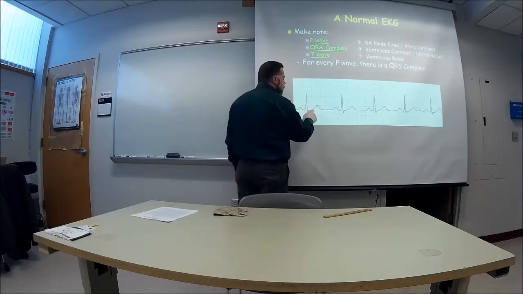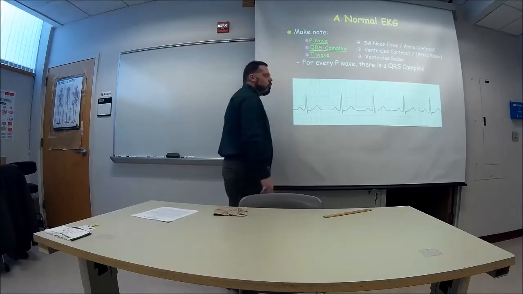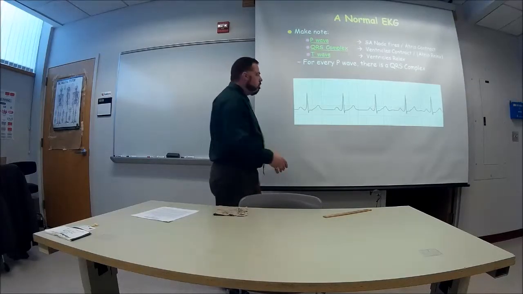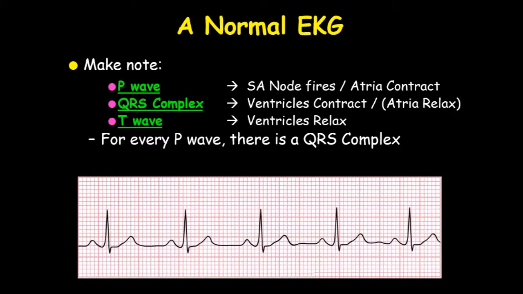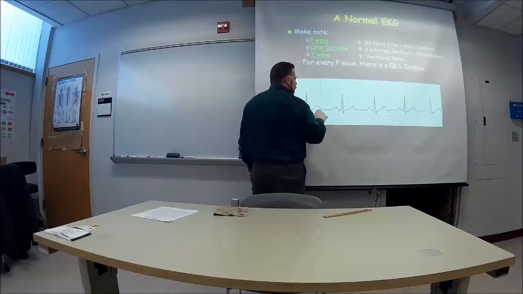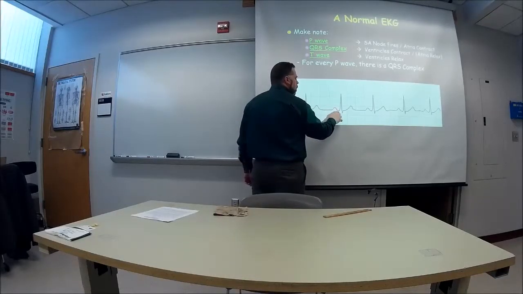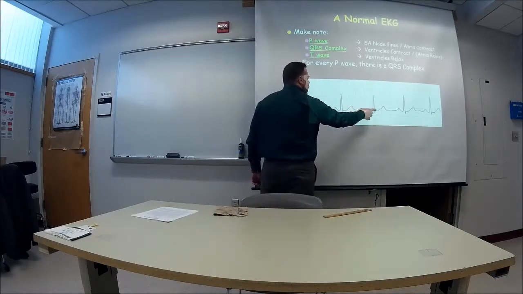And then you're going to have the T wave, which is where the ventricles are going to relax. Then you'll have another EKG happening and another one and so forth.